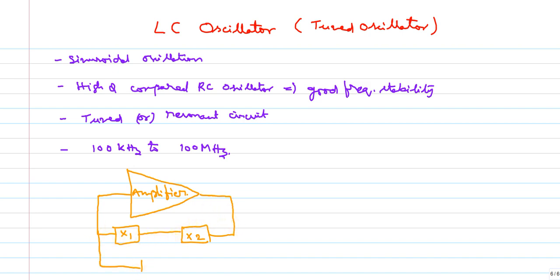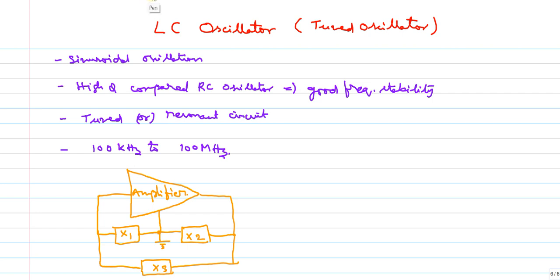So there are three different reactances. This part is connected to ground and this part is connected to the amplifier like this. These are the three different reactive elements we are using.